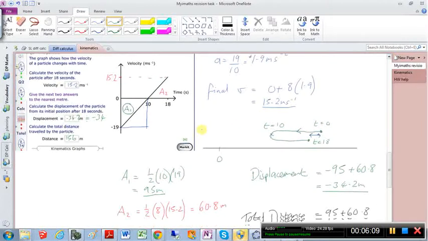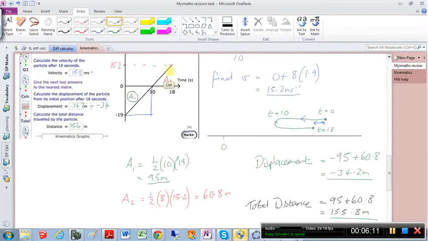And then the distance travelled with positive acceleration is a half base times height, so a half times 8 times 15.2, giving us 60.8. So for our motion diagram, it starts here, it travels 95 meters towards the origin and then 60.8 meters away.